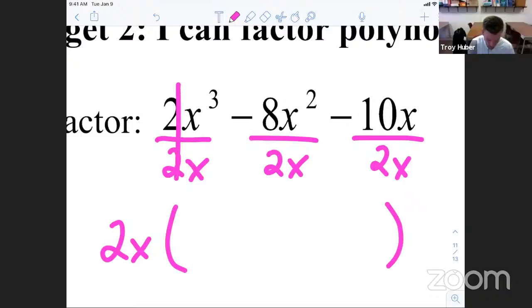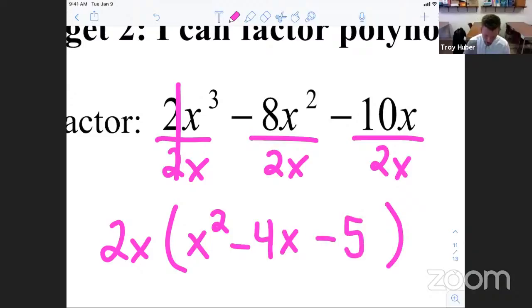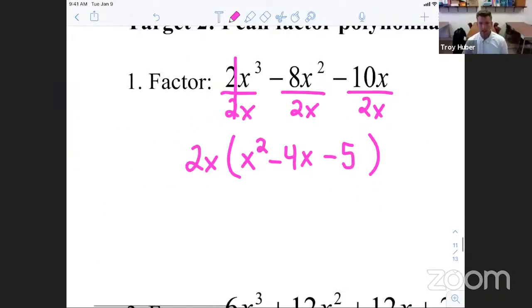2 divided by 2 is just 1 x cubed, and we're going to subtract one of those x's. Now it's an x squared. Negative 8 divided by 2 should give you a negative 4x, and negative 10 divided by 2 should give us a negative 5. Now we're not done yet because we want to see if we can factor this right here.